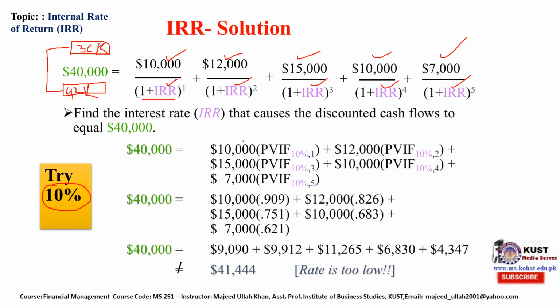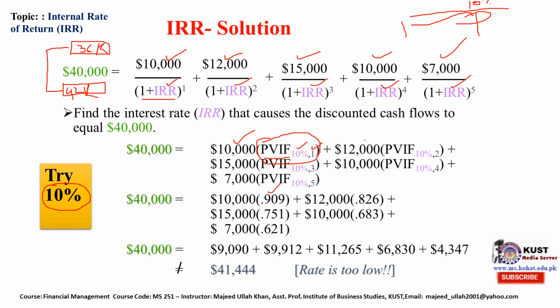This is 40,000. We will calculate present value of 10,000 by putting present value interest factor for 10% in 1 year. That value comes from the table. We will see for 10% and for 1 year, in the present value single amount table, that will give you this amount.